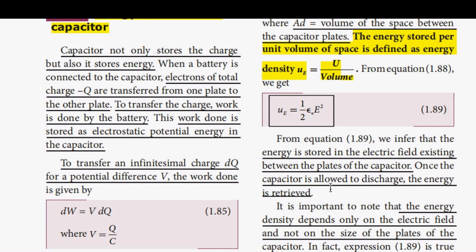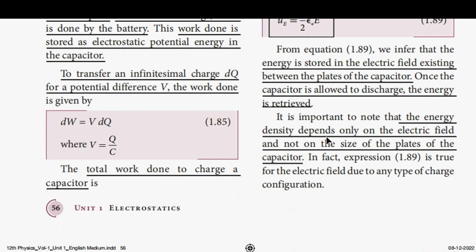Once the capacitor is allowed to discharge, the energy is retrieved. And it is very important to note that the energy density depends only on the electric field and not on the size of the plates of the capacitor. So in fact, this expression 1.89 is true for the electric field due to any type of charge configuration.